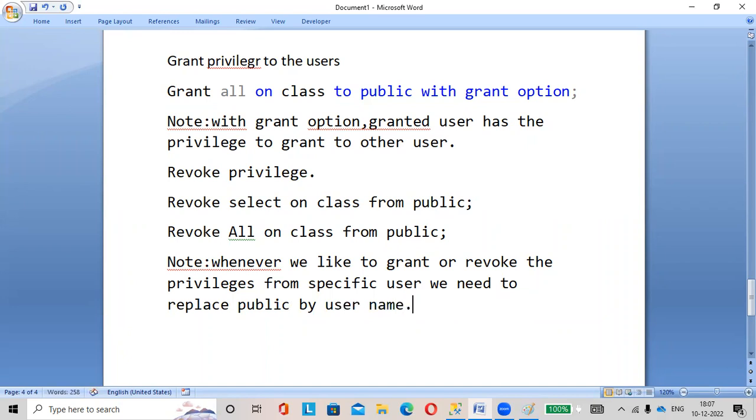Is it clear about grant and revoke, ma? Yes, yes. Just practice this, create one table and check, okay? It is less than 1 minute. Yeah, sure.